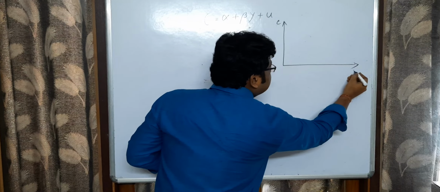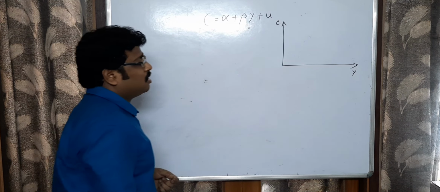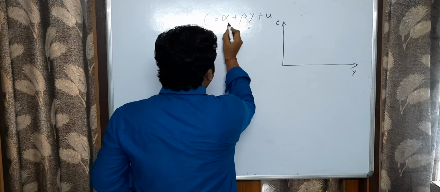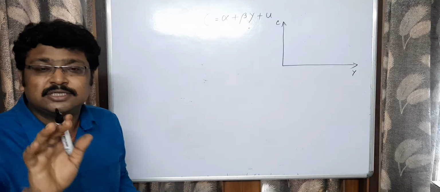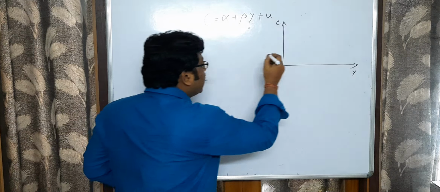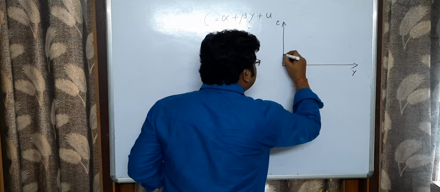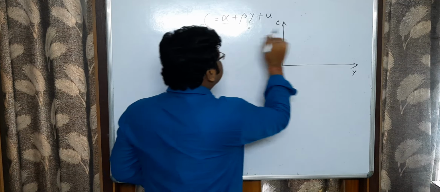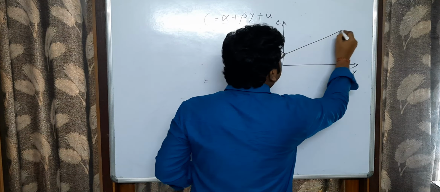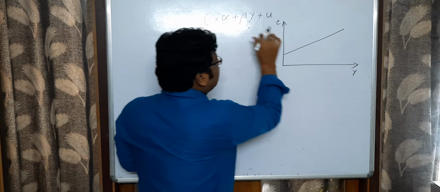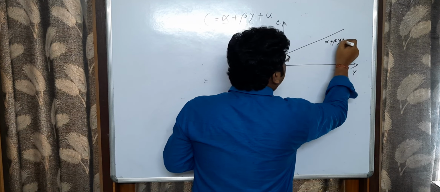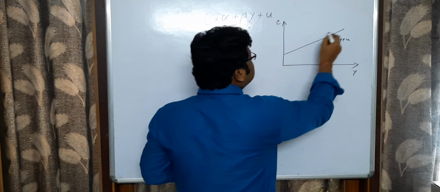Now this is alpha. It is constant and it represents the intercept on the vertical axis. And this is the regression line, alpha plus beta y plus u.